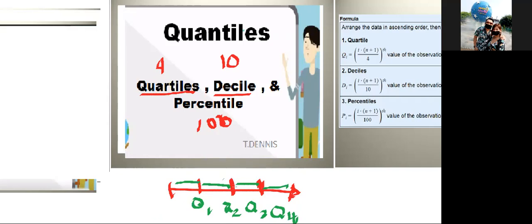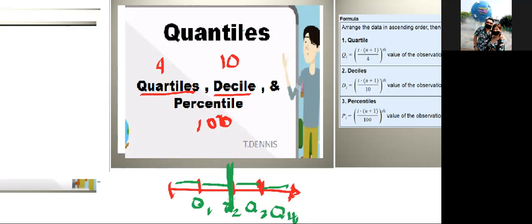You can see that this part here is the middle part of the data, which also refers to our median, right? When we say median, it's the middle data.